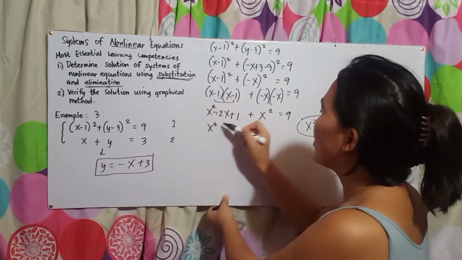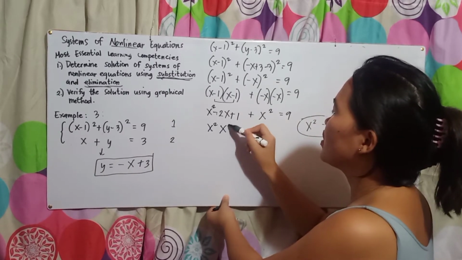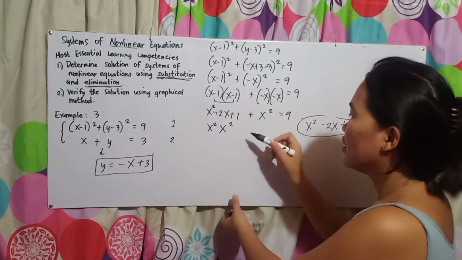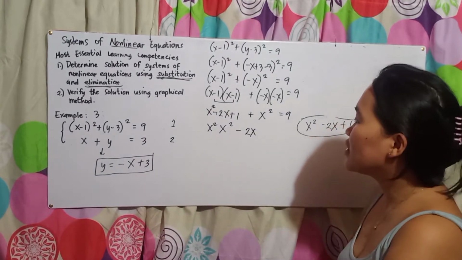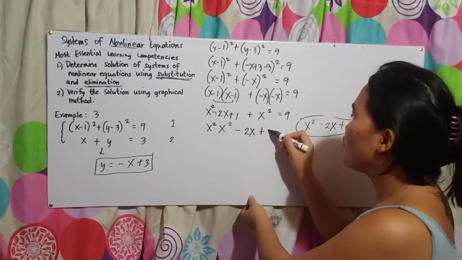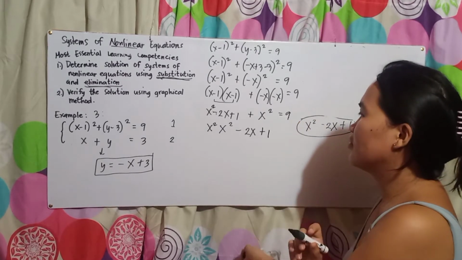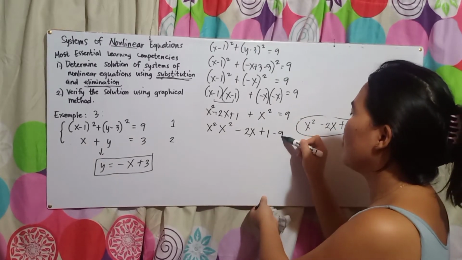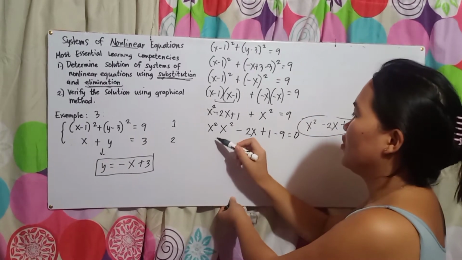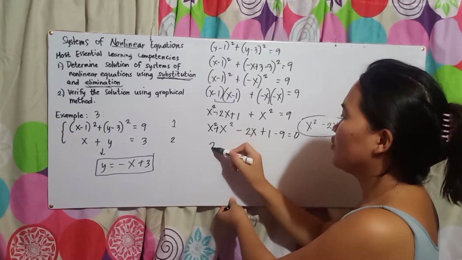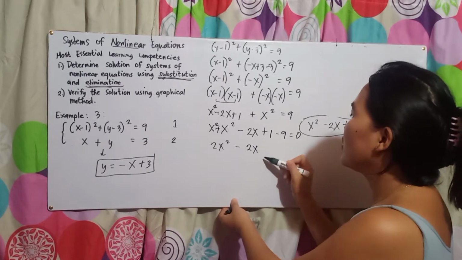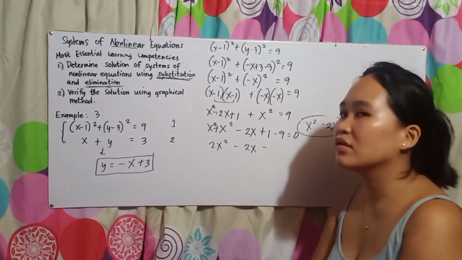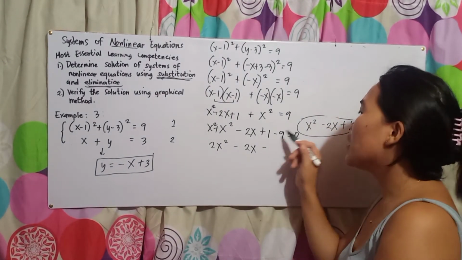So, the x squared terms, we put them together since they have the same exponent, negative 2x, then plus 1, then move the 9, negative 9 equals 0. So, 2x squared, minus 2x, then positive 1 minus 9.